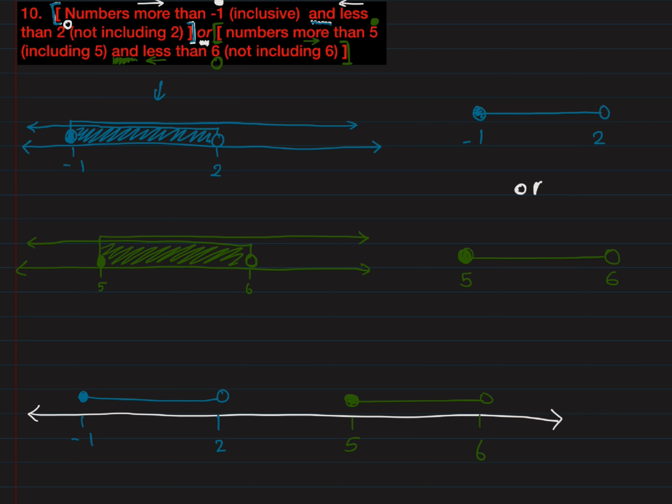Because it's an OR operator, it means we're trying to have the maximum possible range, meaning that we accept this interval and we accept this interval on the same number line together. So the overall solution is that we have an interval which is from -1 to 2, where -1 is included, or we have numbers from 5 to 6, where 5 is included, which satisfy the overall requirement of this question. So our final solution would look like this.